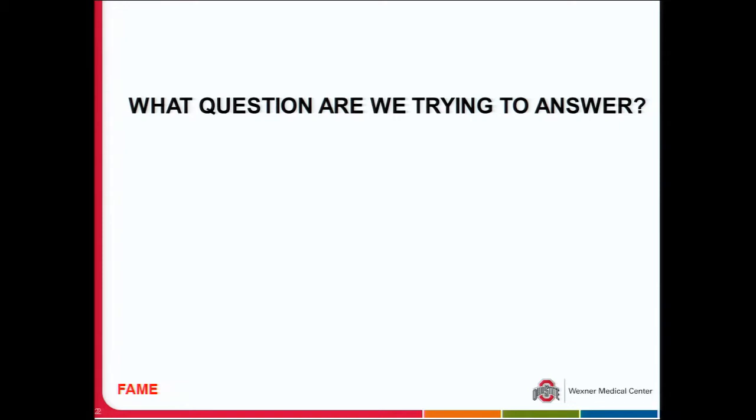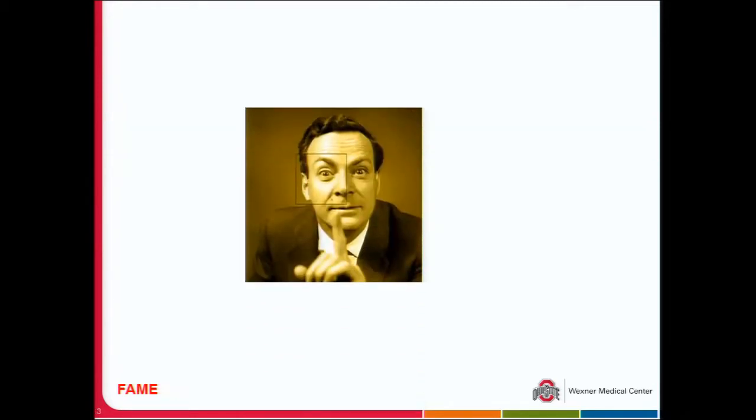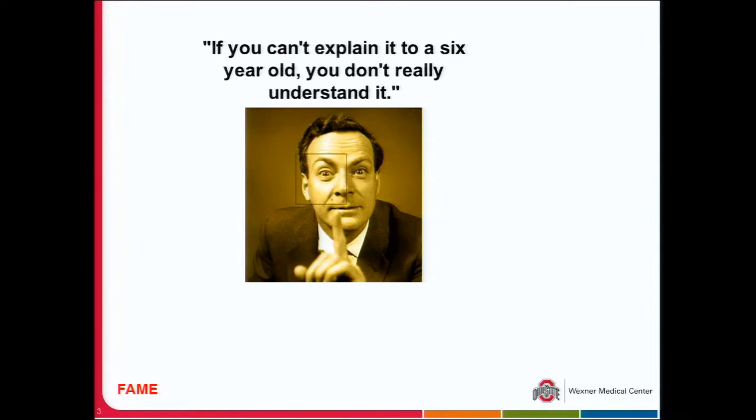And we'll talk about some of the elements of what makes a good research question. I love this quote. It's, if you can't explain it to a 6-year-old, you don't really understand it. And that's true about your research question, and we'll come back to the idea of simplicity.